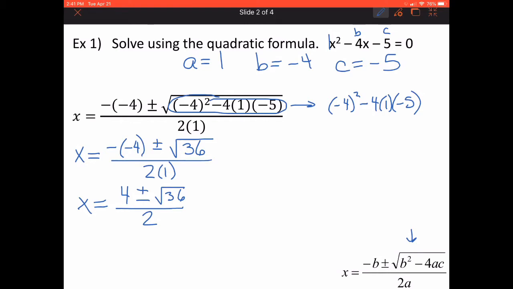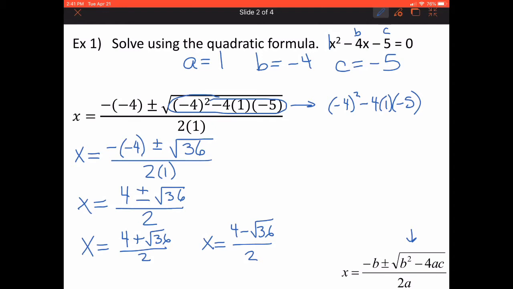In my third step, I'm going to take this plus and minus sign and split it up, because I need to show I'm adding 4 and square root of 36 and then dividing by 2, and I need to separate it with the 4 minus square root of 36 and divide that by 2. Okay, so I'm going to do those two problems to get those two different answers.